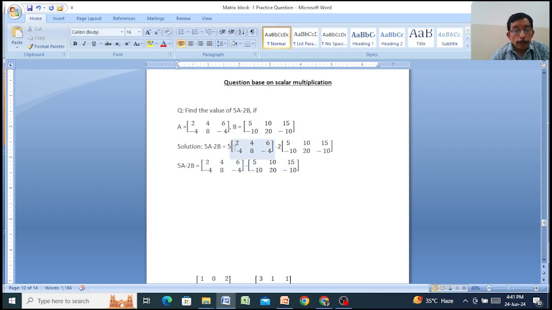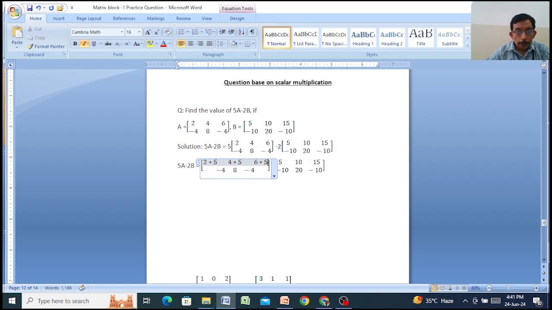5 multiplied by the matrix A means 5 multiplied by each element of matrix A: 2 into 5, 4 into 5, 6 into 5, minus 4 into 5, 8 into 5, minus 4 into 5.